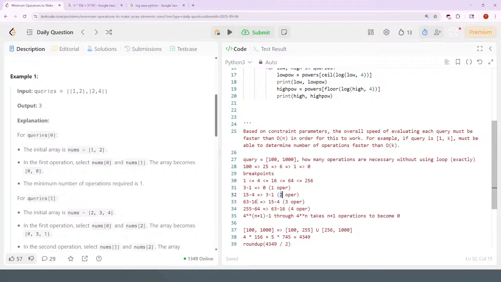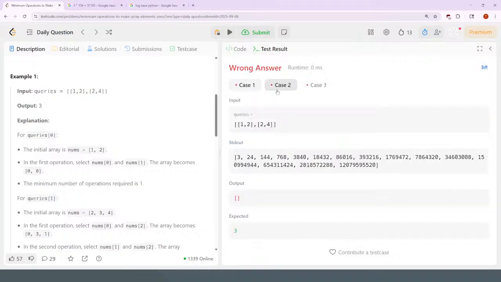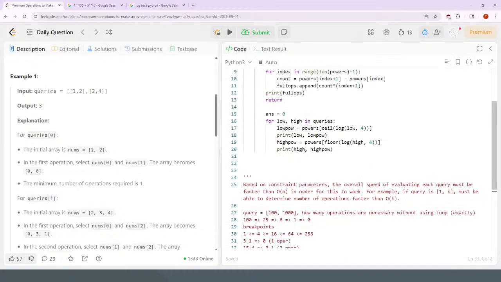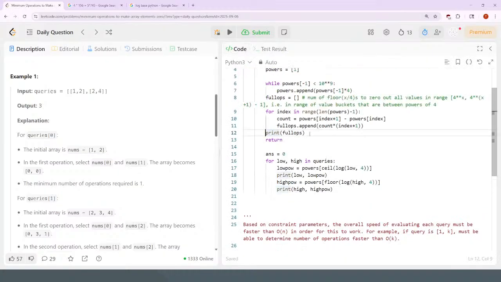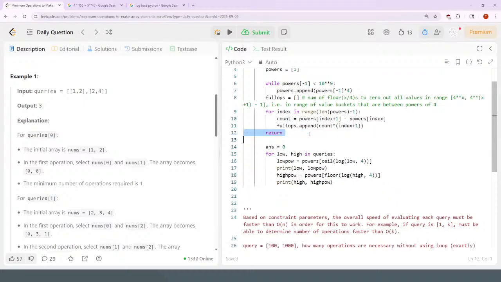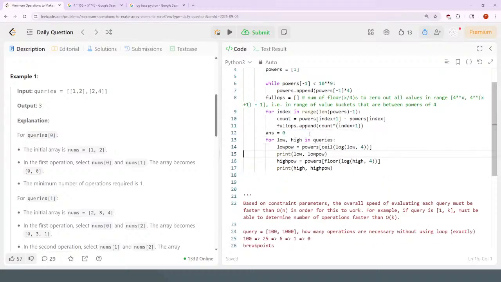Next one should have 48. 48 times 3 is 144. Okay, that's right. I think these are probably fine.